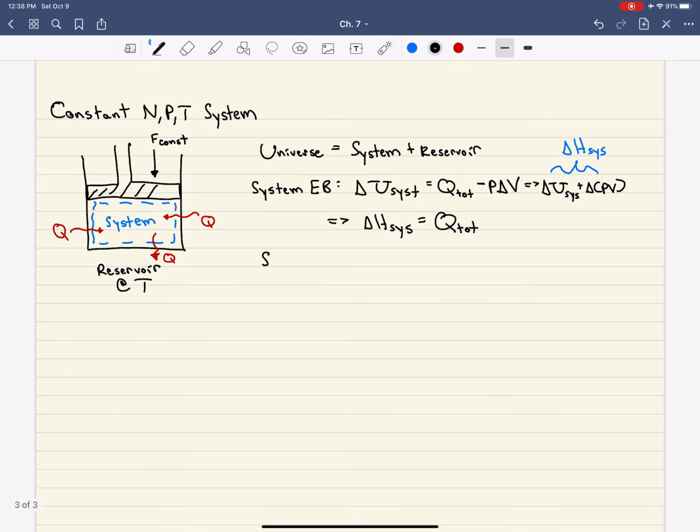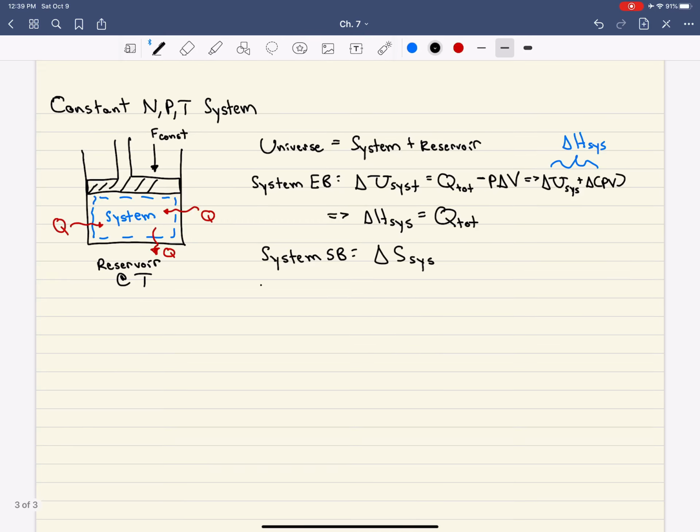For the entropy balance, that's still going to be equal to, we'll just say it's some delta S. For the reservoir, its change in internal energy is just going to be equal to negative Q total, right?